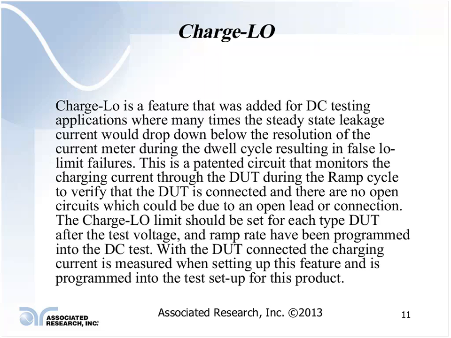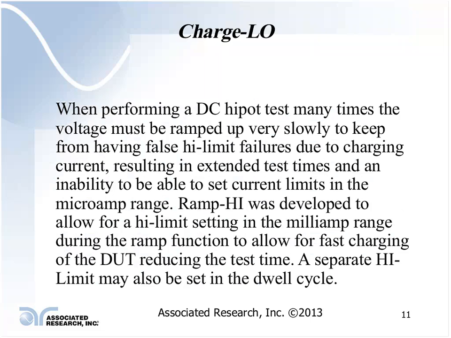When the device under test is connected, the charging current is measured when setting up this feature, and it's programmed into the setup file for that particular product. So, you have to set up a separate file for each type of product, if you have varying capacitances within the product itself.